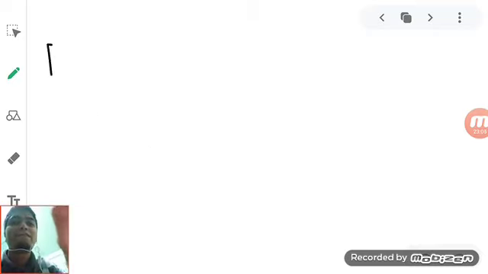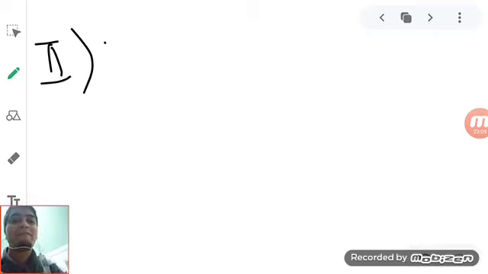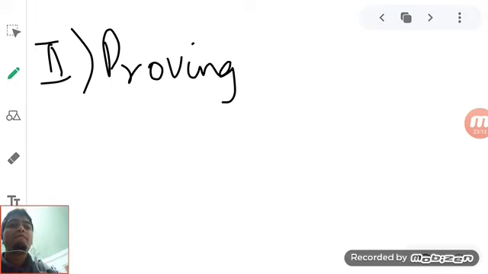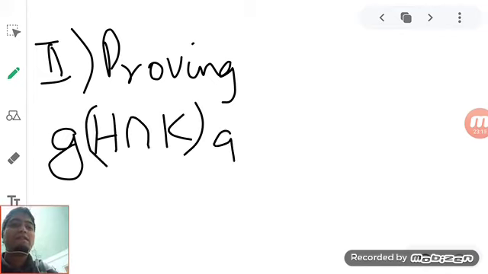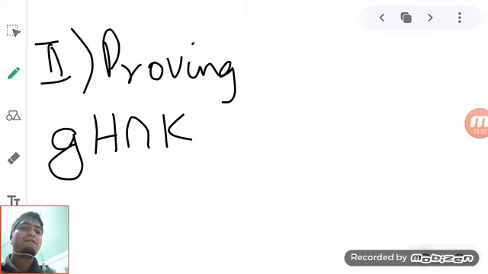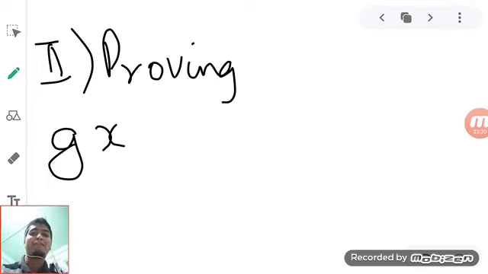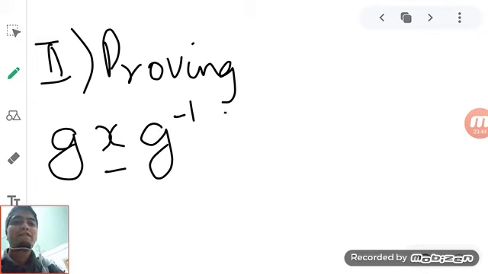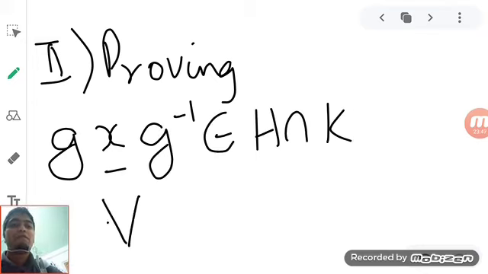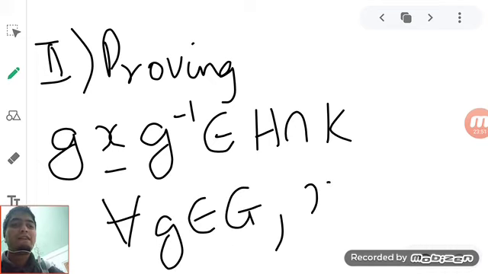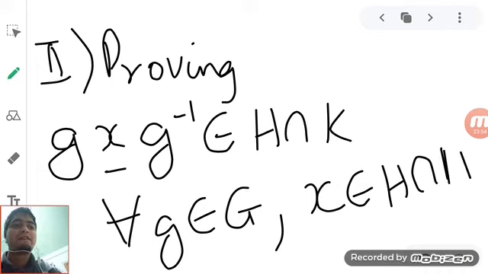That is, we have to prove the normal condition for H intersection K. Proving G X G inverse, where maybe I will denote the element by X, because we are having H and K, and we cannot use h, otherwise you will think that small h belongs to capital H. So over here I'm using small x, proving GXG inverse belongs to H intersection K for all G belongs to G and X belongs to H intersection K.